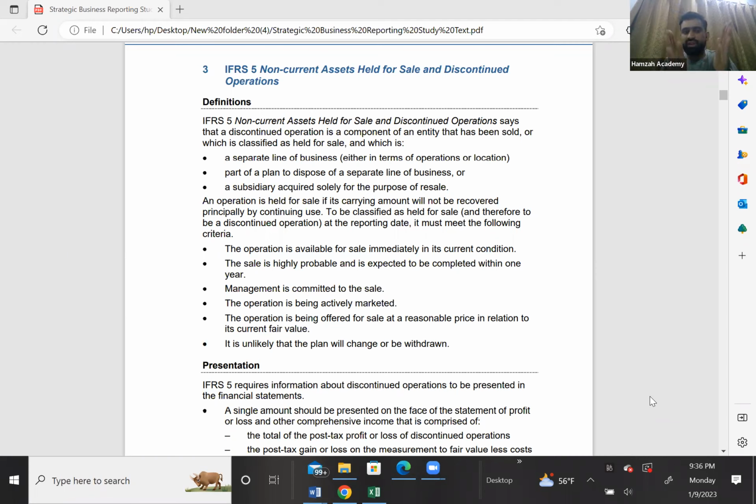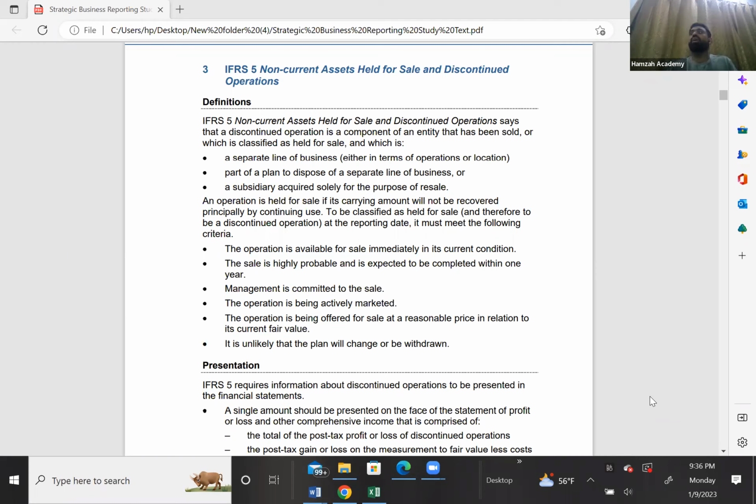So the component of the entity either represents a product line or geographical area, or is part of a plan to dispose of a separate line of business or a location, or it is a subsidiary which is acquired with the purpose of resale. Such components of the entity are known as discontinued operations.